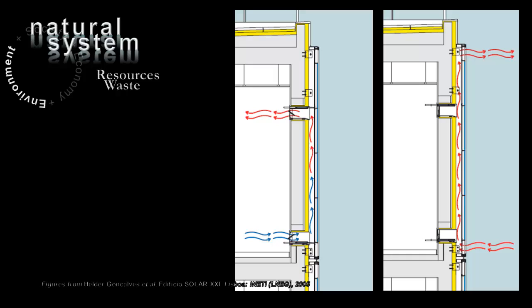Now, this is another example. This is a building in Lisbon. It's called Solar 21, where photovoltaic panels in the facade are also used to promote passive strategies for heating and cooling.